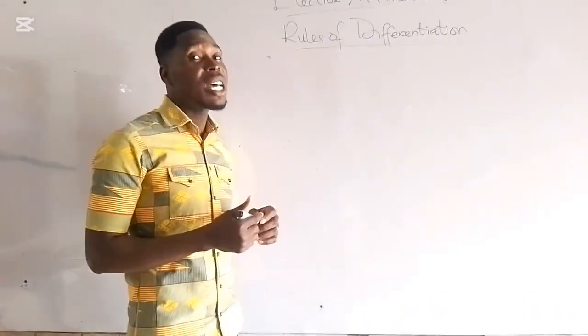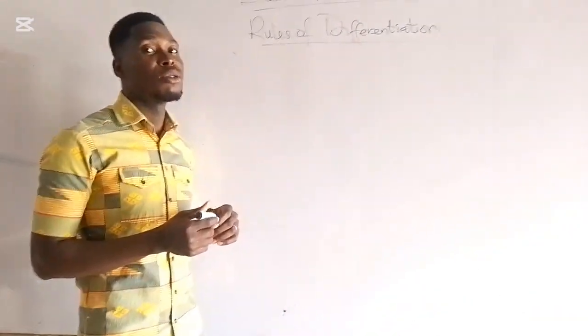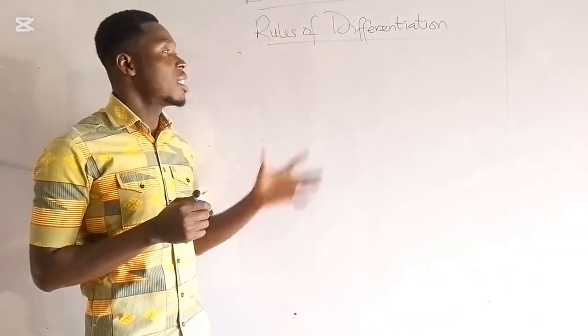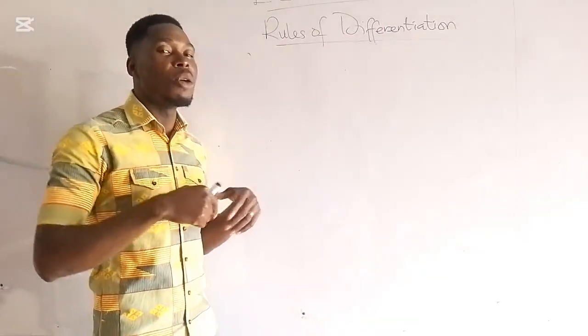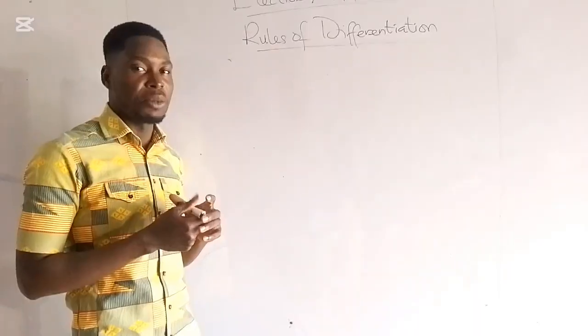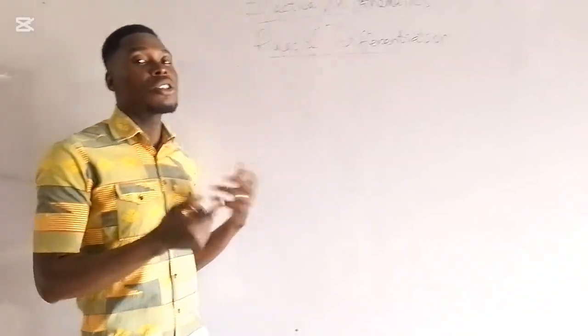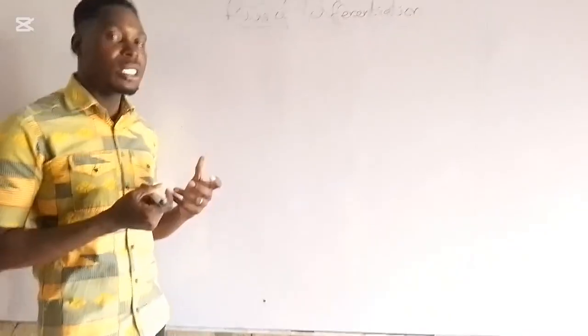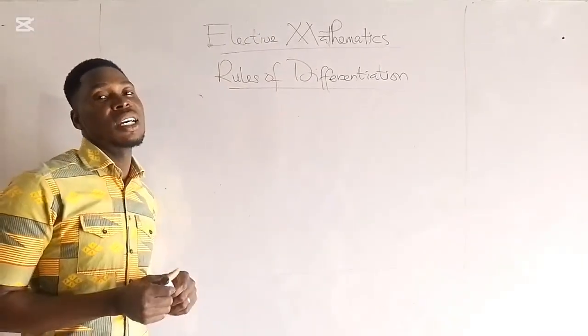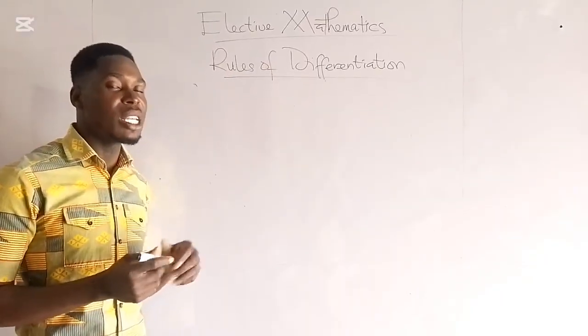Some equations are very difficult to differentiate using the first principle. So with that, these other rules came on board to assist in solving that problem. We want to look at other ways of differentiating equations using other rules.